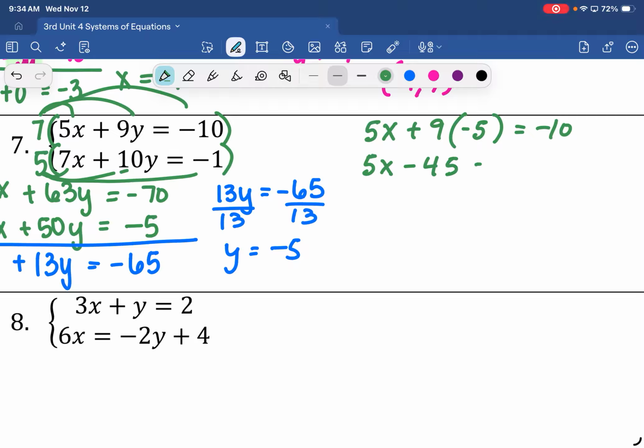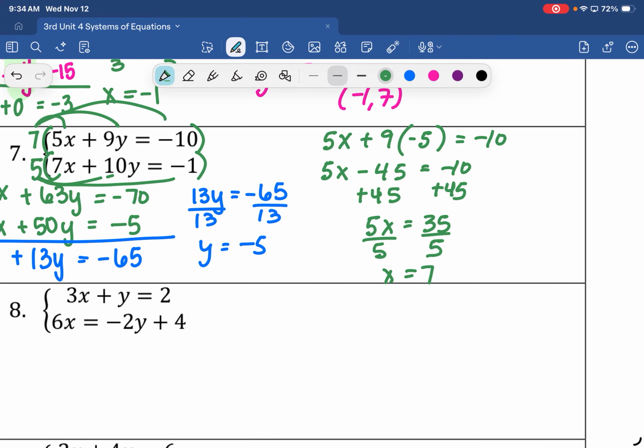Negative 45 equals negative 10. From there, what do we do? Add 45. So we get that 5x equals 35. Divide both sides by 5, x equals 7. So the solution is 7, negative 5.